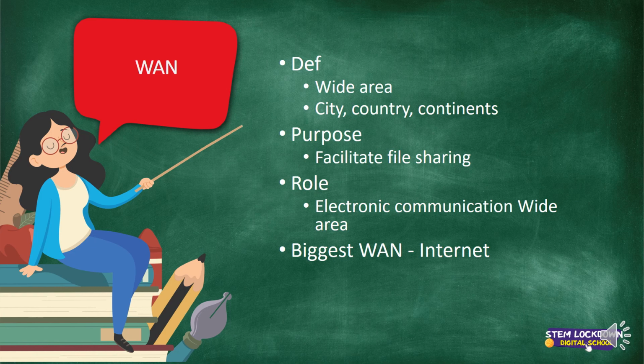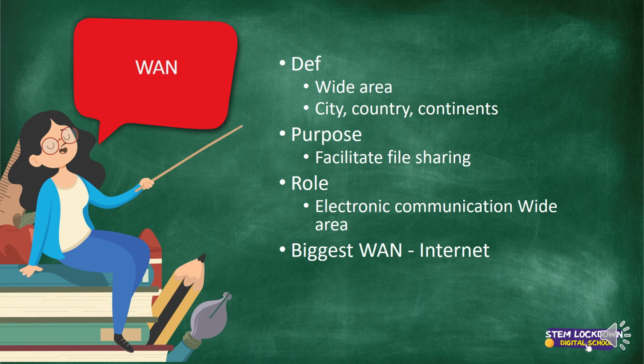If we go on to the next one, so what is a WAN in definition? In definition it is over a wide area. Now wide area should always include an example, such as a city, a country, or even continents. What is the purpose of a WAN? To facilitate file sharing. If you type in www.google.com, Google sends back to you an HTML file, and that HTML file is shared with you.